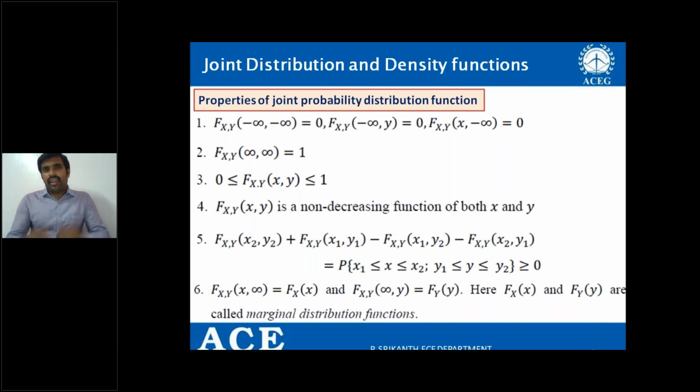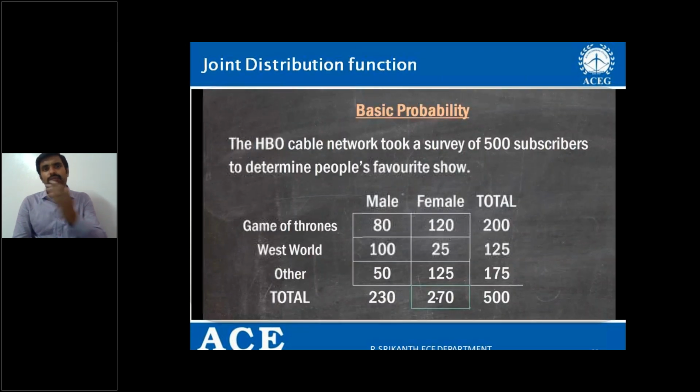So here, let us take one real-time example of how to take the joint distribution function for a particular real-time experiment. We'll discuss it now, right? So for example, I am taking the HBO cable network.